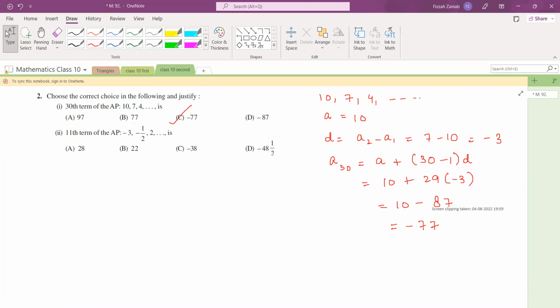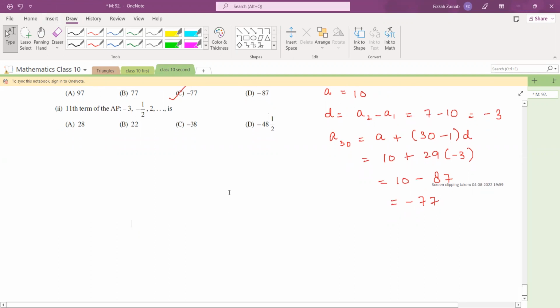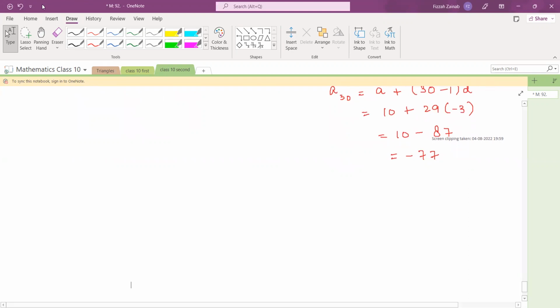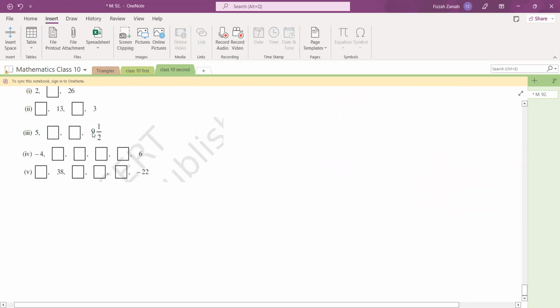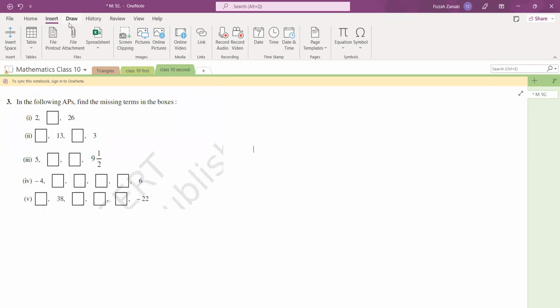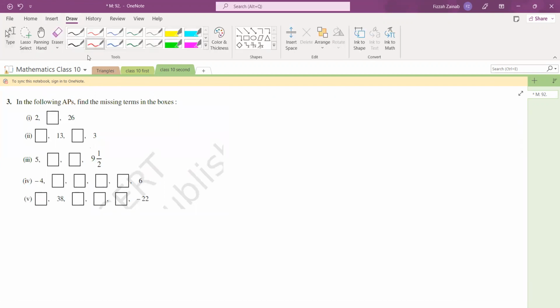Third part now. Look at the third question. In the following APs, it is given that it is an AP.